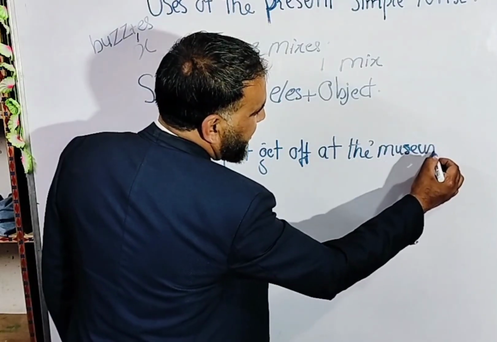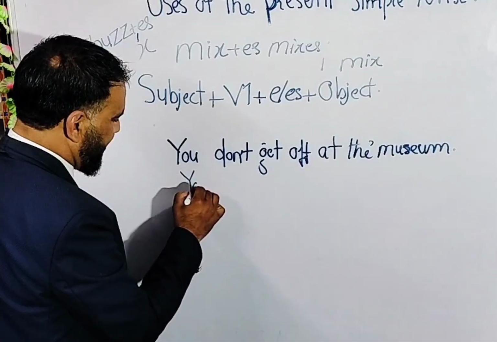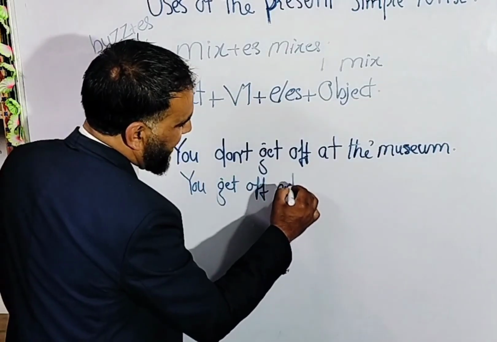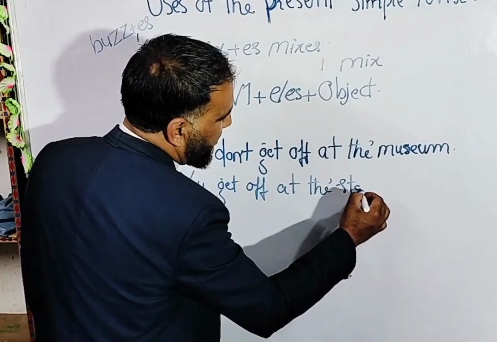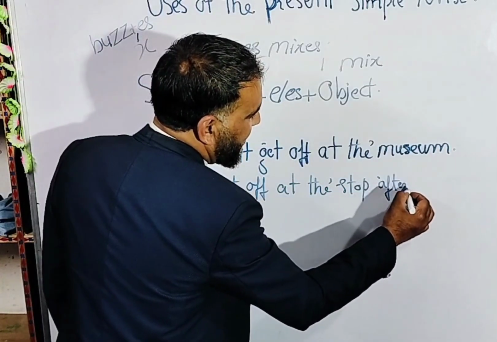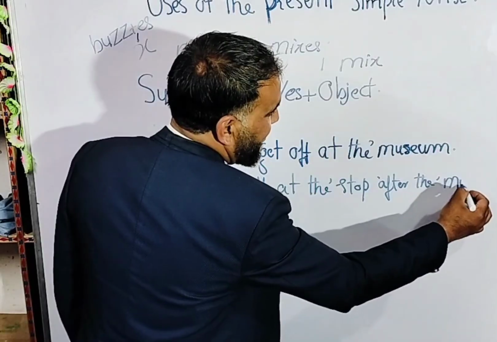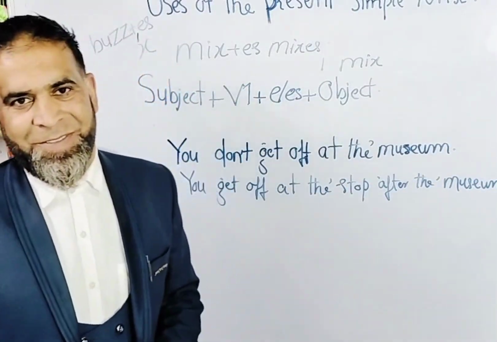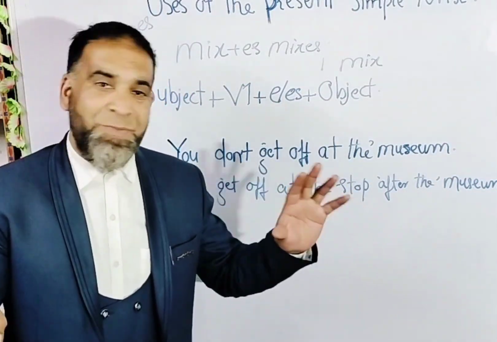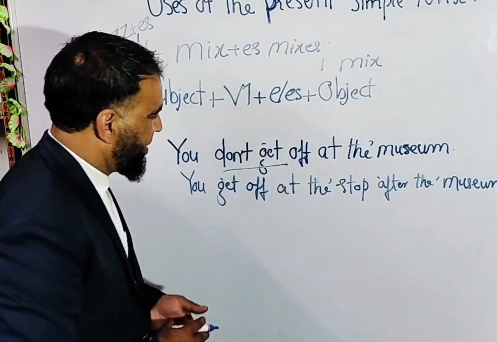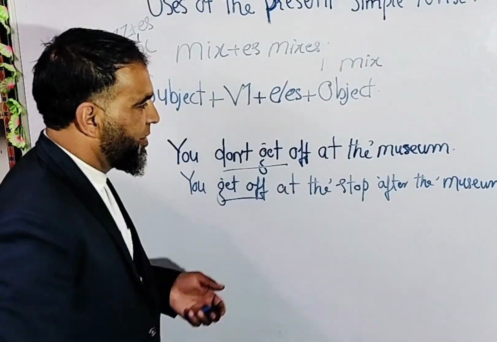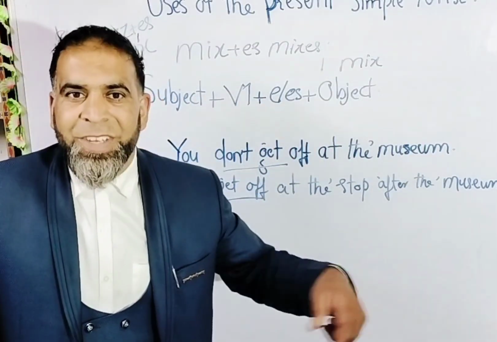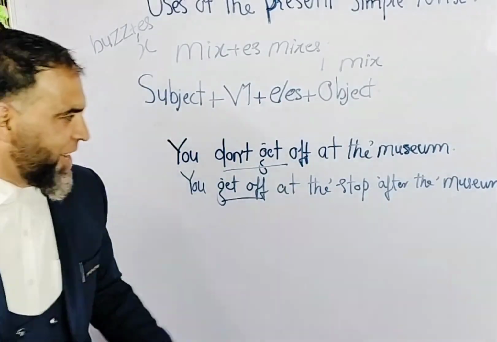You get off at the stop after the museum. Okay? So it's a direction. So we use the present simple tense. We use this present simple tense in giving directions and instructions.